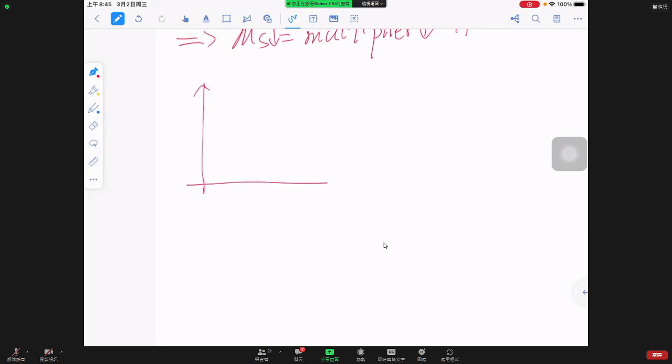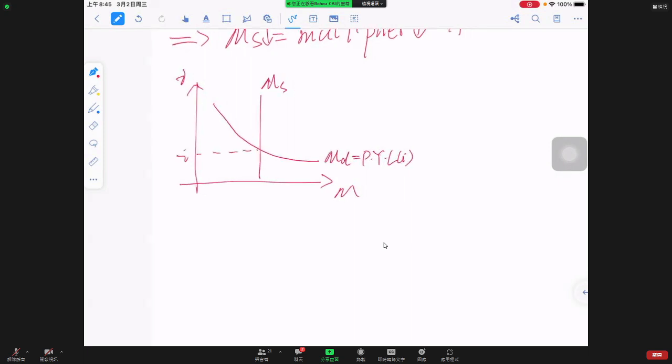First, in the financial market, we have money supply and money demand, right? And money demand can be P times Y times L(i), okay? And here is the equilibrium interest rate.